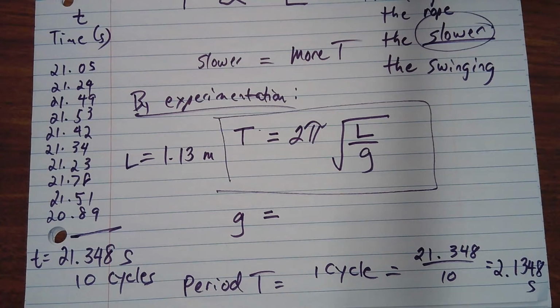It's 2 to the power of 1/2. That's the square root part. So when you make it to the exponent of 2, look what happens. The exponent cancels, and it's just the number 2. So if you square this, which means you've got to square that too, what happens to this? L over G just becomes L over G. This becomes T squared.